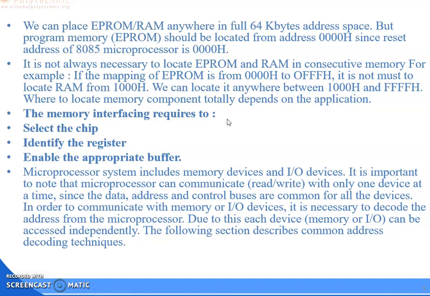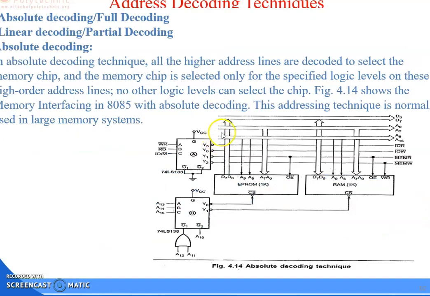The following section describes the common address decoding techniques. Next is the address decoding technique: absolute decoding or full decoding, and linear decoding or partial decoding. There are two types of address decoding. First of all, we will discuss absolute decoding.